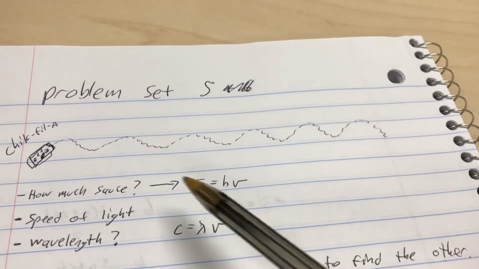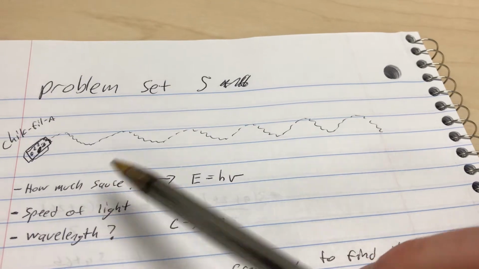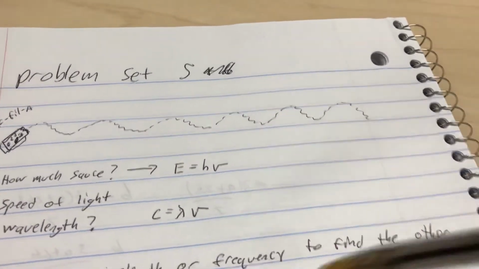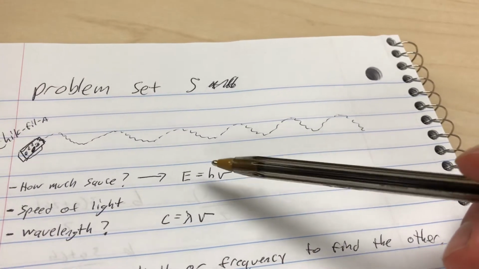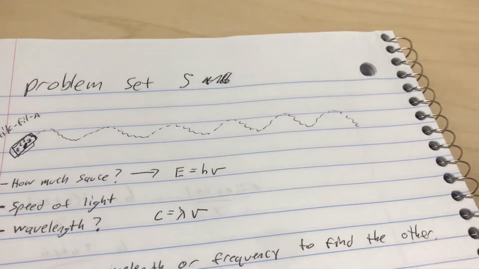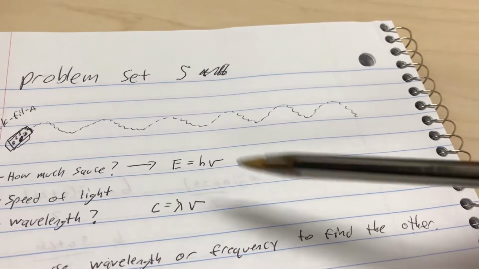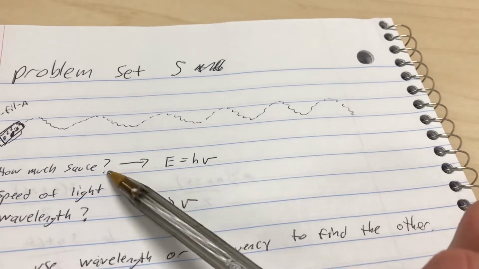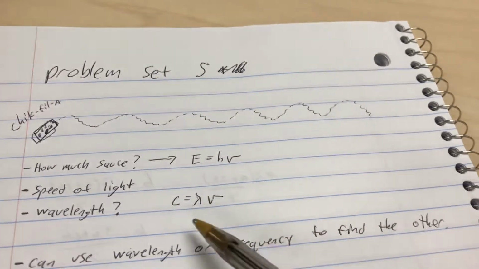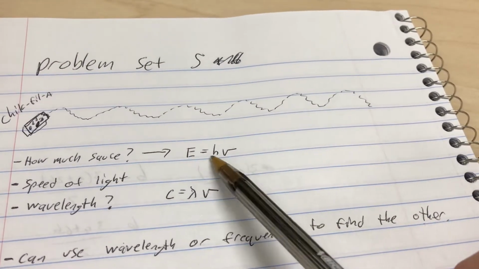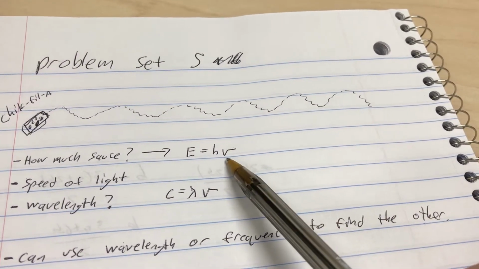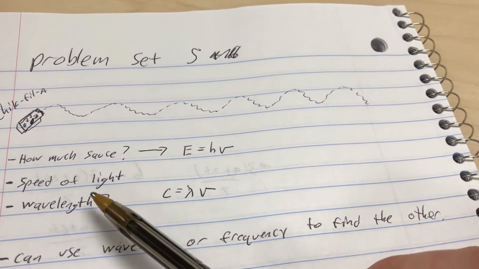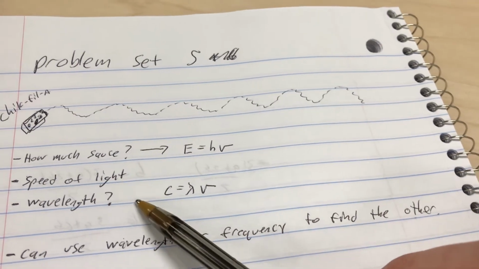Planck was the one who said that, really, Einstein said they weren't moving packets, because Planck said that they come in steps of energy, and he came up with this constant that's denoted by h. So how much sauce is in this packet, how much energy, I guess you could say, is h times frequency, or Planck's constant times frequency. And how fast it goes is the speed of light.